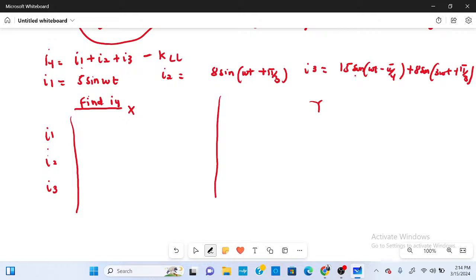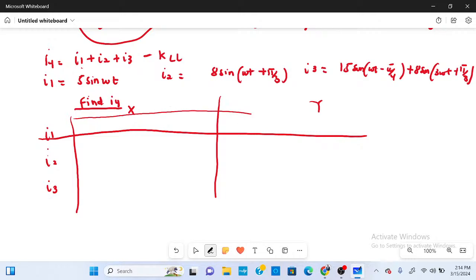So for the X components, for the I1, it's just a straight one. I simply have to 5. I told you that is our IM, the peak, cosine, the phase difference. The phase difference is 0 here. So 5 cos 0, right?